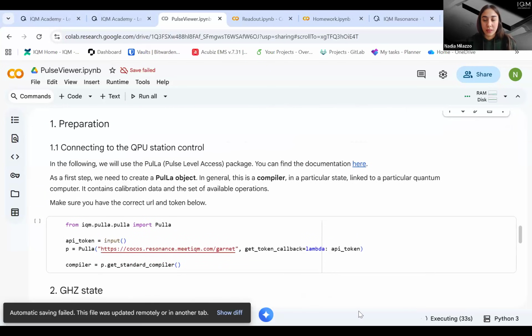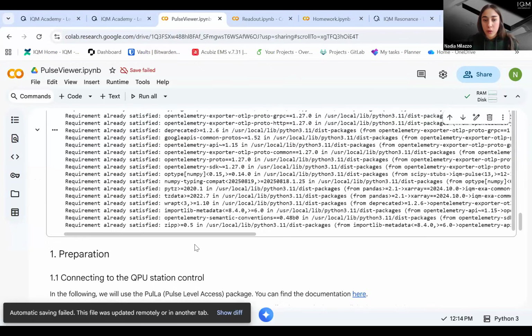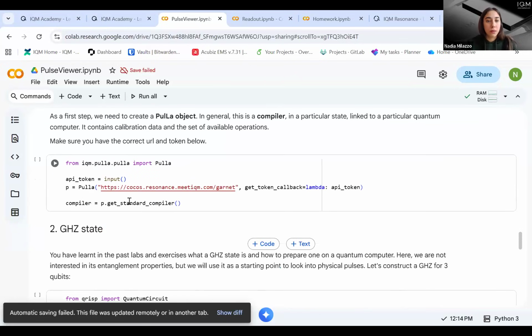Let me prepare my token actually, so that when it asks for it, I'm ready. Okay. Oh, we are ready. Great.